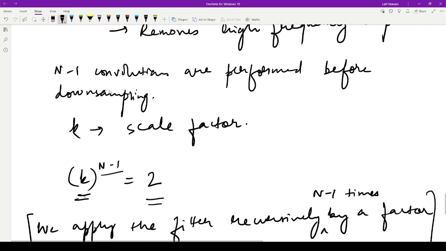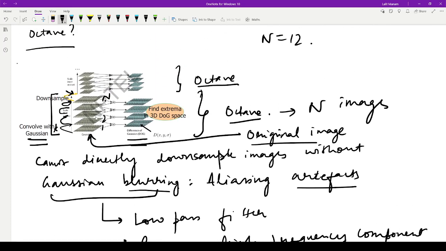So effectively, we are trying to reduce the image by 1.065 times in every convolution. But since it is discrete, we will wait till its effective scale factor is 2. Once that's done, we'll downsample it and then continue over here.